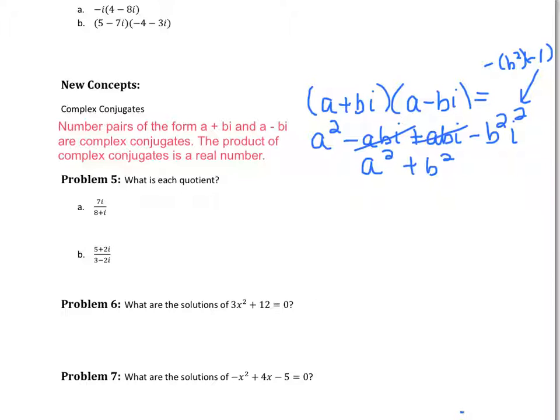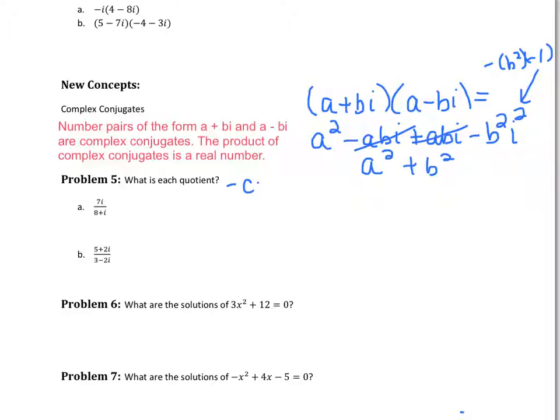And that's really why we use complex conjugates, because we're going to go into problem 5, and problem 5 says we want to find the quotient. If you remember when we had radicals in our denominator, we couldn't have radicals there, so we multiplied by the conjugate. Here we're multiplying by the complex conjugate because we don't want imaginary numbers in our denominator.